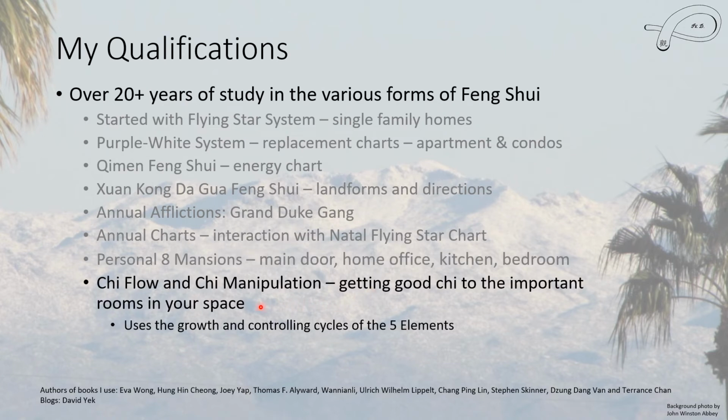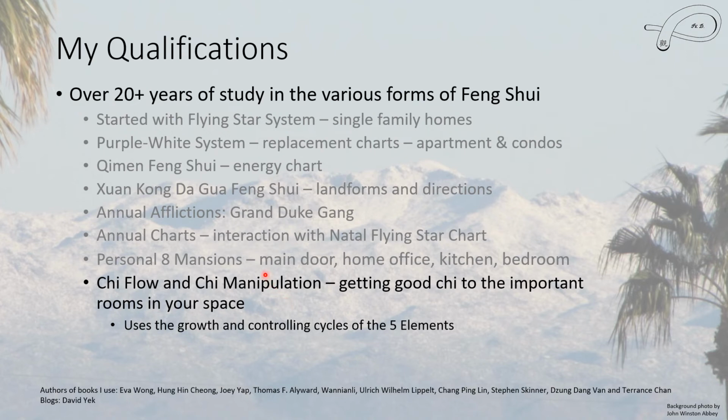I also know how to look at chi flow and do chi manipulation, which is a way of getting good energy from your main door into the important rooms of your house. And these are basically the important rooms. If your kids do all their studying on your dining room table, then that's the only time your dining room becomes important.